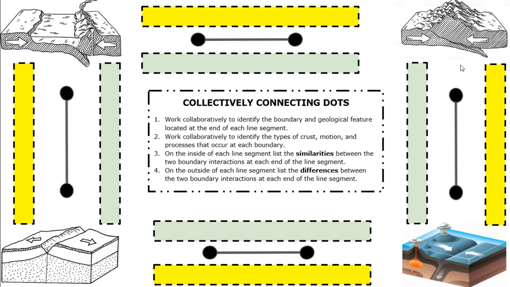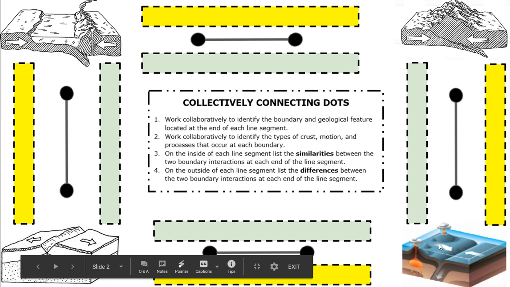So perhaps now we can look at similarities and differences when we go over here and we look at these two boundaries. They're similar because they're both converging boundaries. They're coming together, and you can see that with the arrow movement. But here you have continental forming mountains. Here you have oceanic continental converging. So you're going to get different crustal formations.